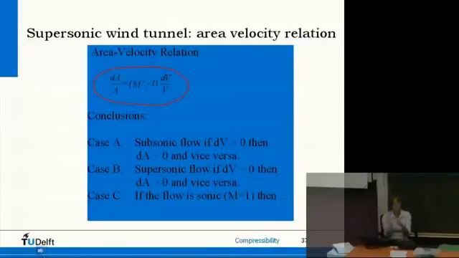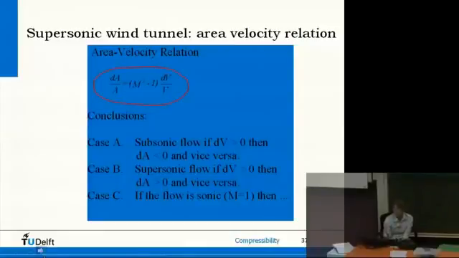So if dA is positive, what does it mean? My area goes up. You go from left to right, so my area increases, right? So I get a larger area if my dA is positive. This one's negative, so my velocity decreases. So this tells you that for subsonic flow, if the area increases, your velocity decreases.